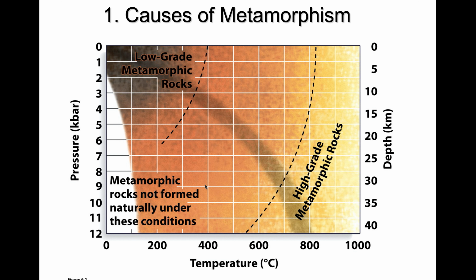In this white area, at very low temperature conditions and pressure conditions ranging between 2 and 12 kilobar, we will not form any metamorphic rocks under natural conditions. And on the y-axis on the right side we have the depth relationship, and you know by now that 1 kilobar corresponds to roughly 3 kilometers.